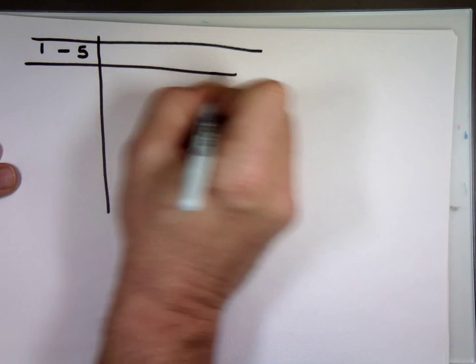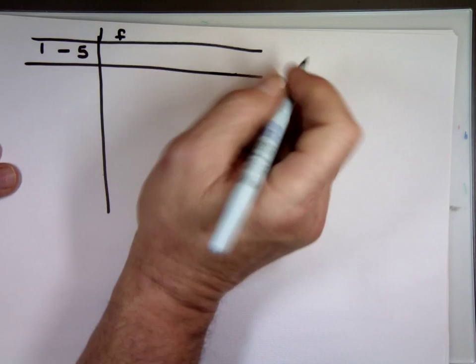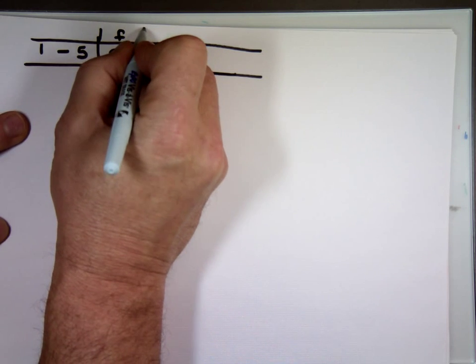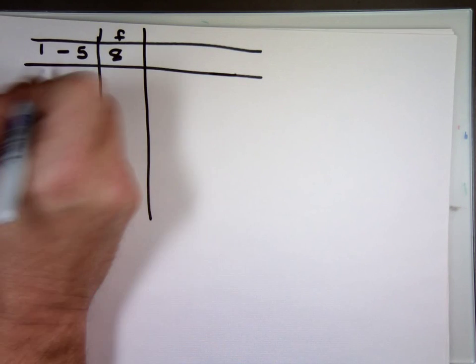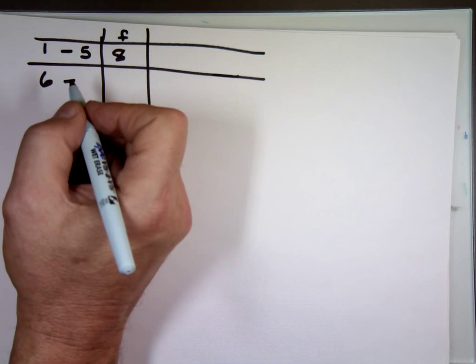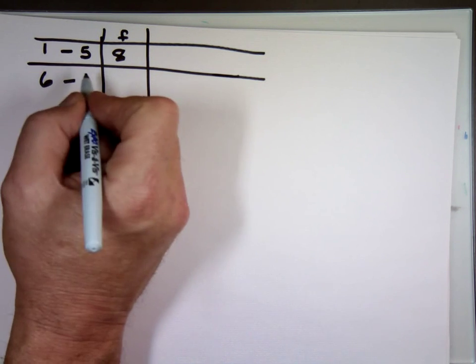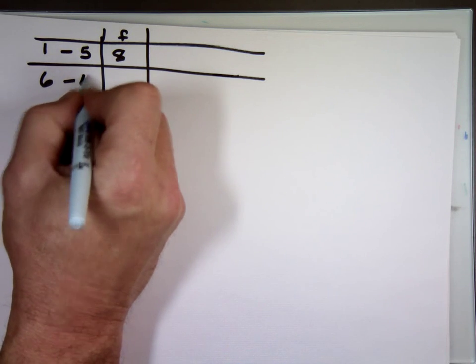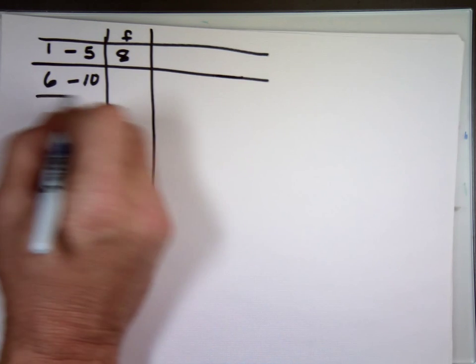This is the frequency. We have 8 people who say I smoke between 1 and 5 cigarettes per day. 6 to what? Is it 10? Because what's the class width? What's 6 minus 1? 5.